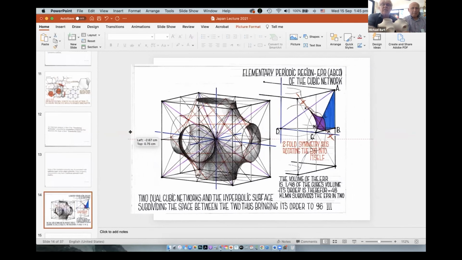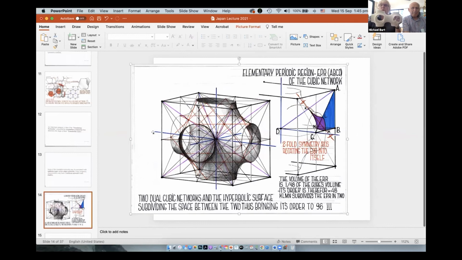This is the solid. Since the two networks separated by this surface are the same, this surface includes symmetry elements that take one network into its dual network.